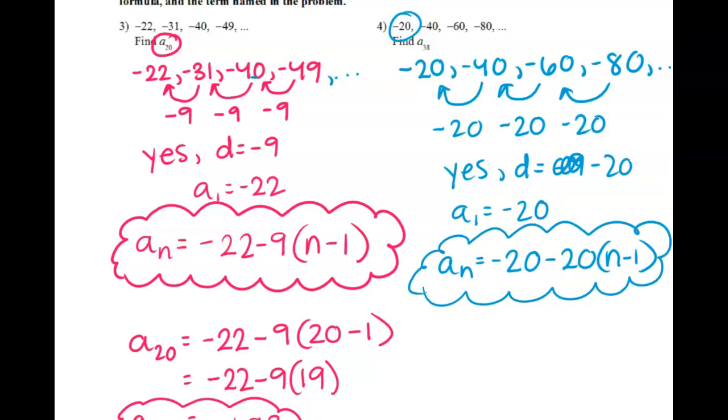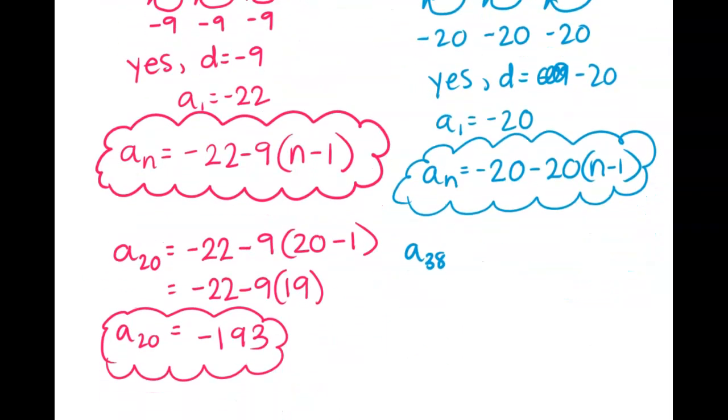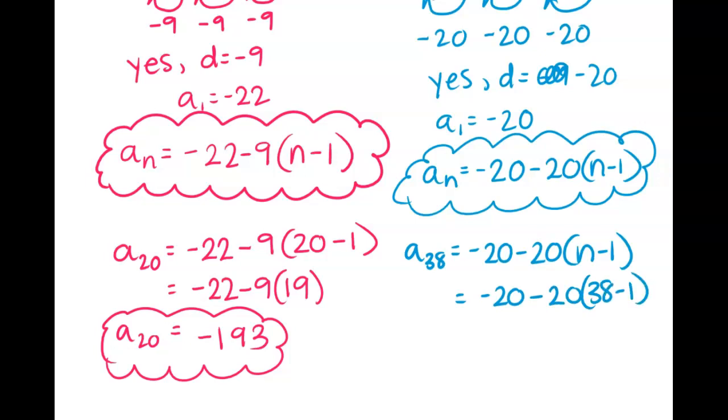All right, so then to find the 38th term, a sub 38 will be negative 20 minus 20 times n minus 1, which is negative 20 minus 20 times 38 minus 1, which is negative 20 minus 20 times 37. So a sub 38 equals negative 760.